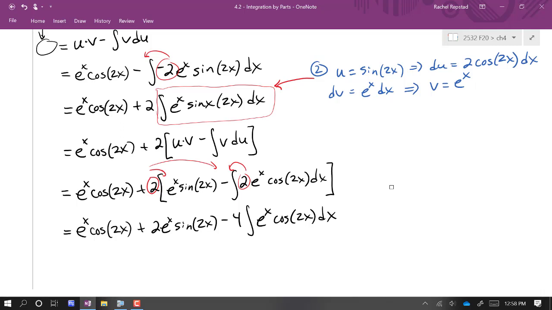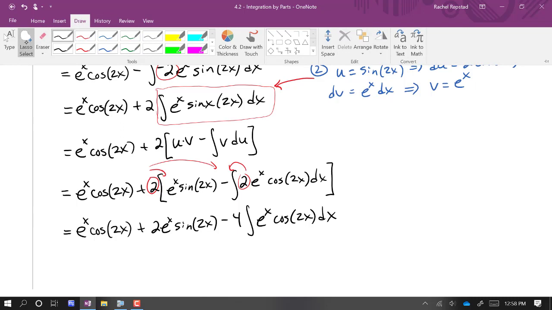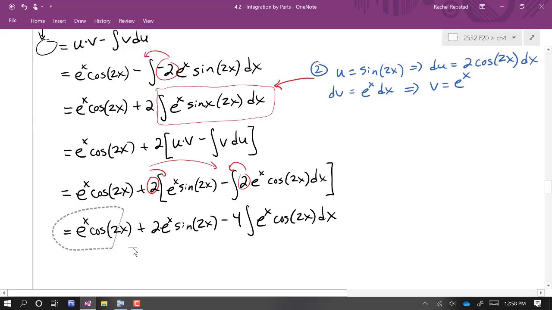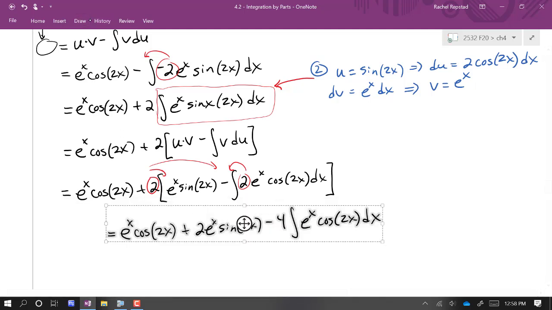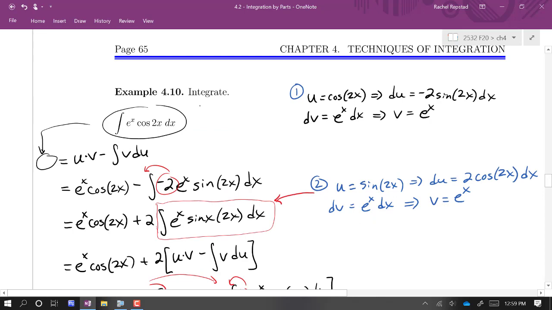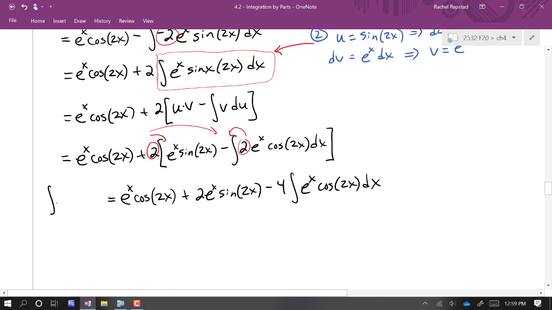This is actually super convenient for us. So I'm going to do some magic here on the OneNote to give myself some space on the left here, because I just want to remind myself this is equal to the integral of e to the x times cosine 2x dx.